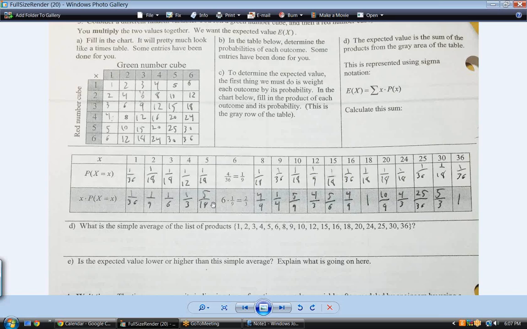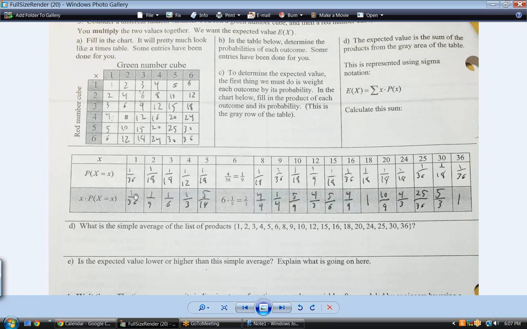So when you take a simple average, you're assuming that the probability of each number coming up is going to be the same, right? Whereas when you take an expected value, you're multiplying the outcome, each of these numbers, by their respective weights.